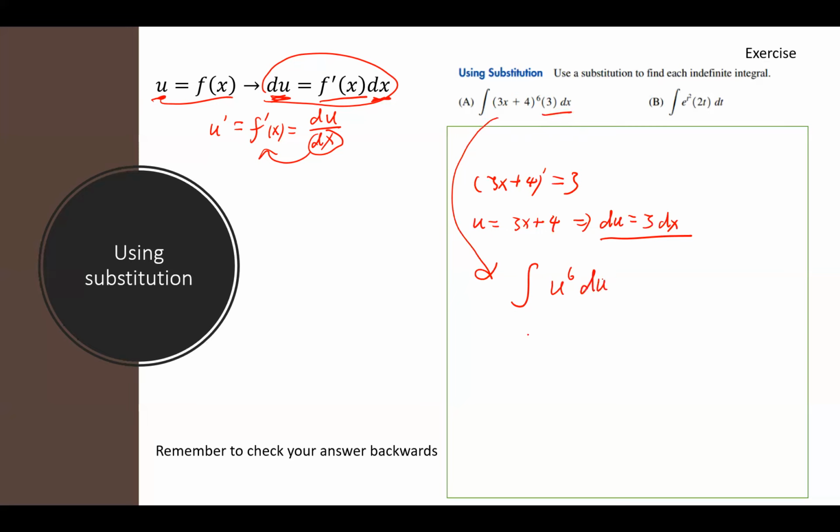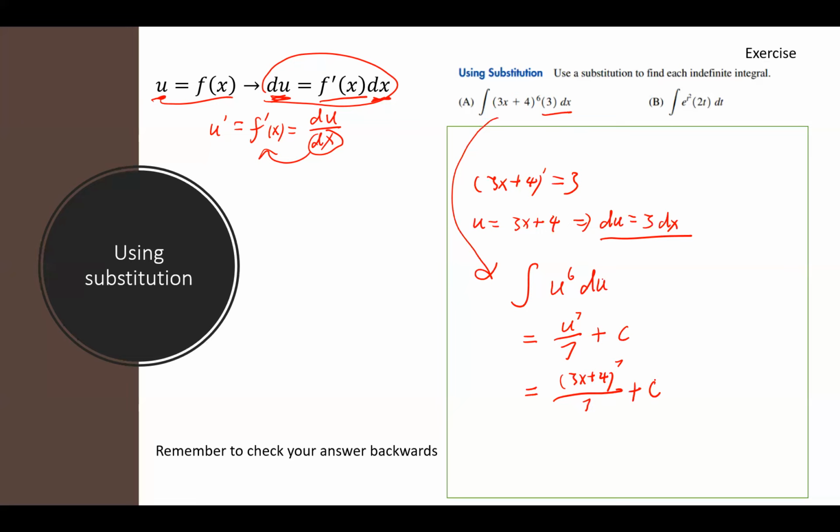At this stage, this is what we know how to calculate: u to the power of 7 divided by 7, plus c, a constant. And we can plug back the definition of u to get 3x plus 4 to the 7th power divided by 7, plus constant c.